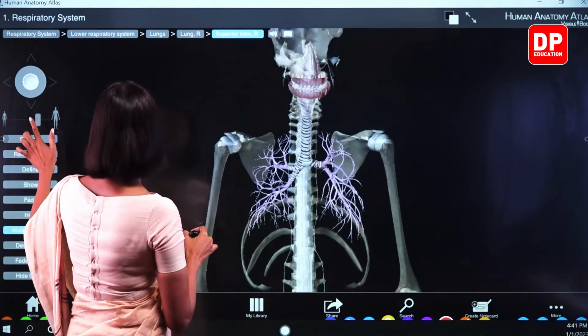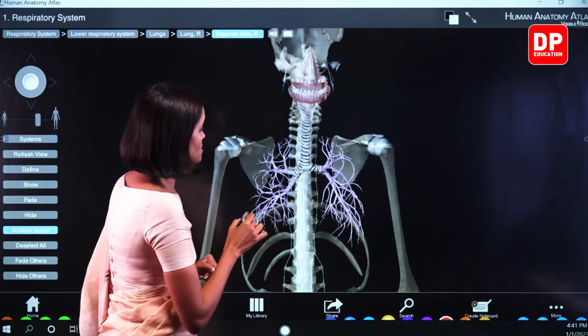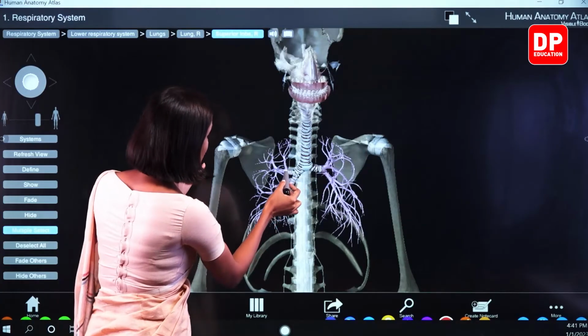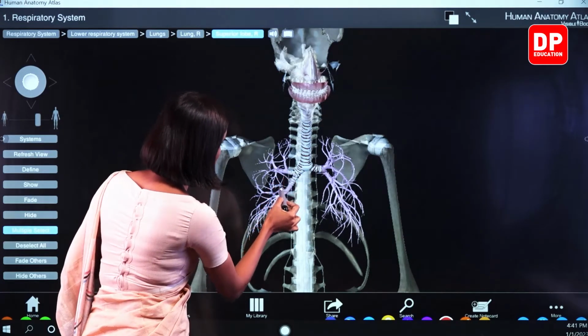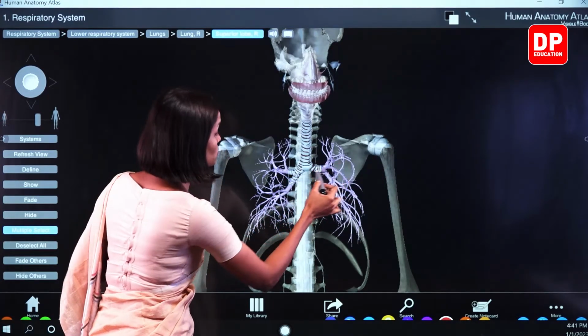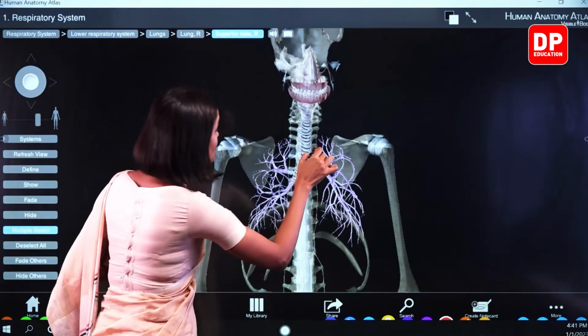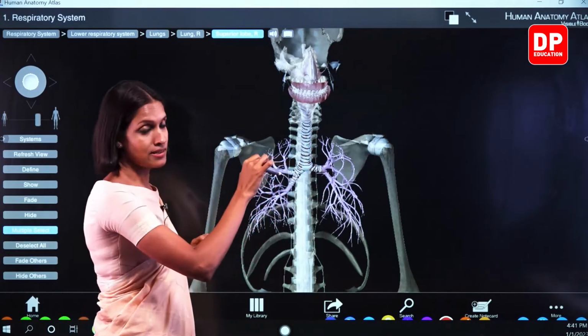You can see this better now. These are the two branches, and you can see the right side again divides into other branches, and the left side also divides into other branches. One such branch is known as a bronchiole.